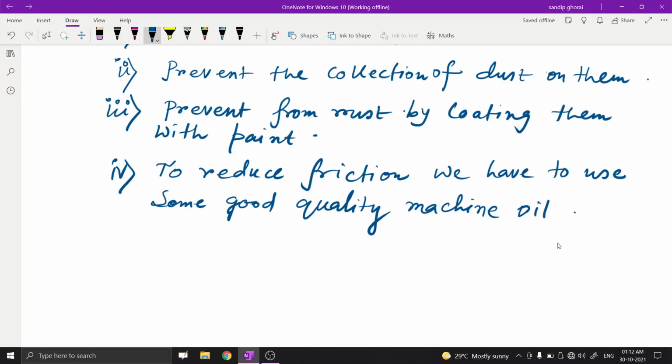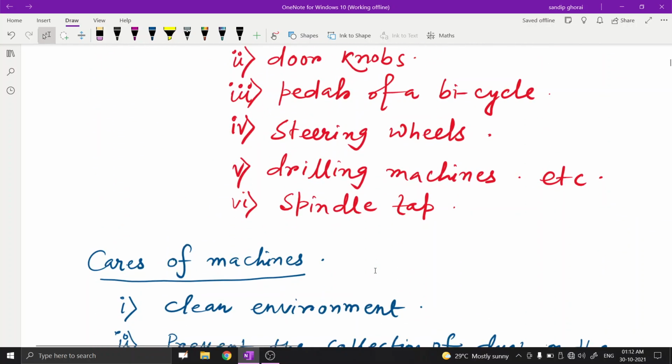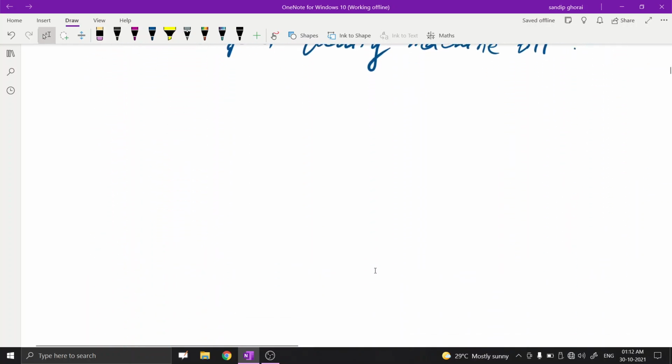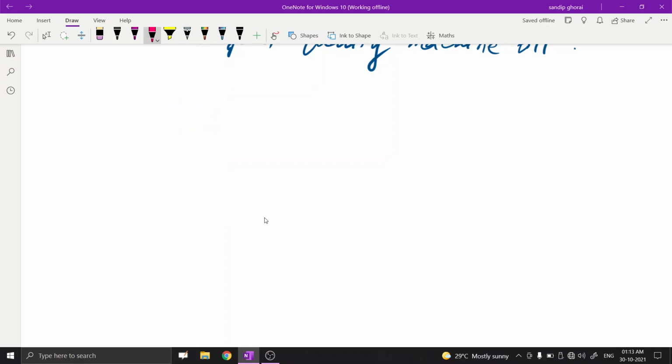These are the cares of machines. Now this is the end of the chapter Machines. But in the last, we take a simple concept map that helps to clear your concept about this chapter.